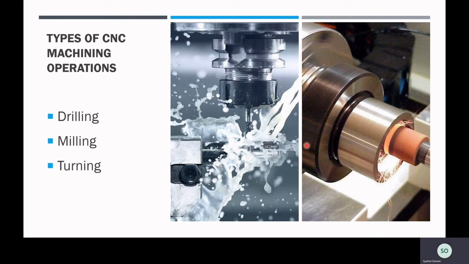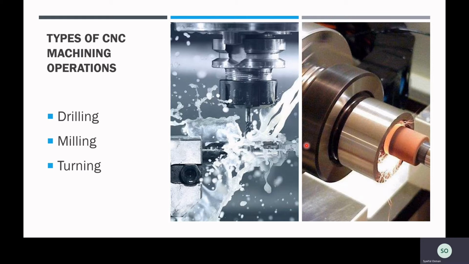CNC machining is a manufacturing process that has a wide application, like I have mentioned previously, in a variety of industries, including automotive, aerospace, construction, and agriculture, and is able to produce a range of products such as automobile frames, surgical equipment, airplane engines, and hand and garden tools.